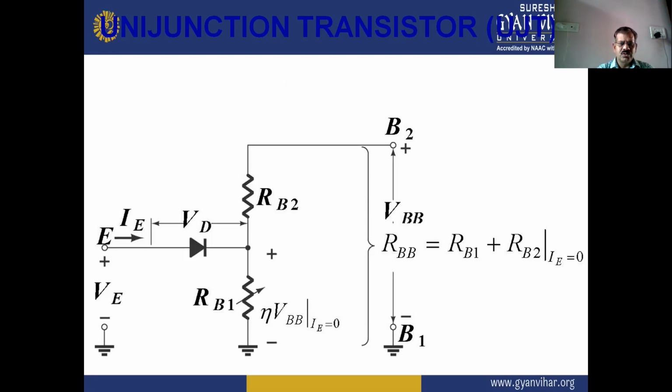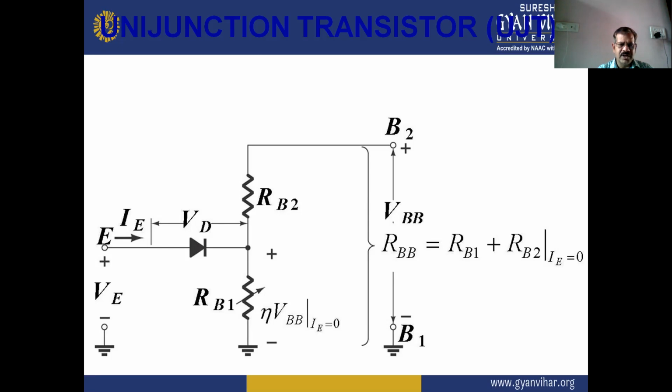This circuit shows the equivalent circuit of the UJT. Here is the one diode and two resistances across the two bases, and the voltage across the bases is VBB, and the voltage across the emitter and ground is VEE.